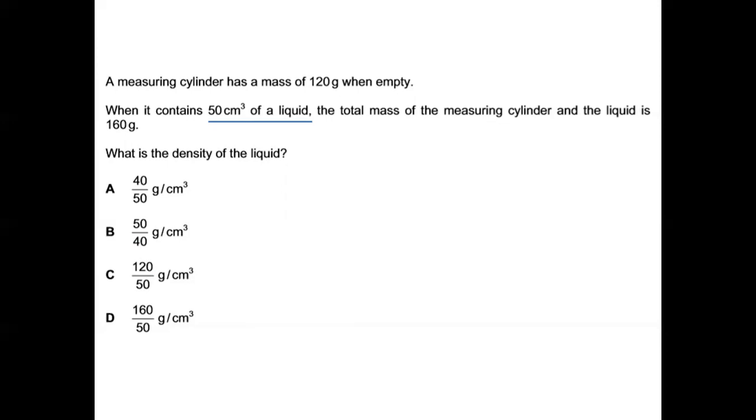For the mass of the liquid, we just have to subtract the mass of the cylinder when it's empty from the mass of the cylinder plus the liquid. So 160 minus 120 gives us 40 grams for the mass, and then 40 divided by this volume gives us the density. That means the answer is letter A.